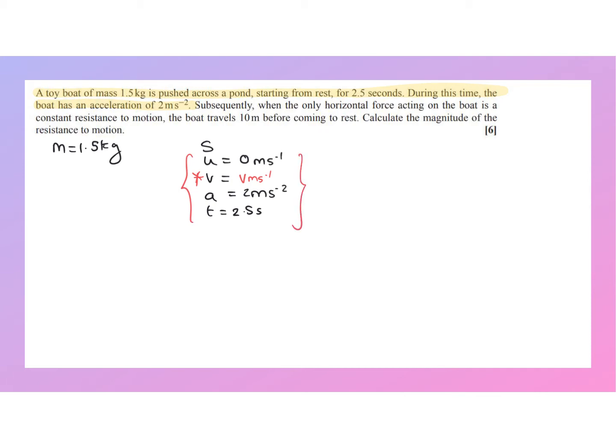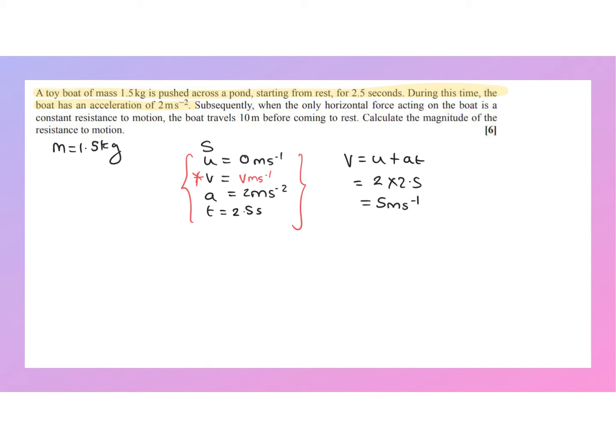Using v equals u plus at, we can work out that v is equal to 5 meters per second. That's the final speed at the point at which the boat then decelerates down to rest in the second phase of the motion.